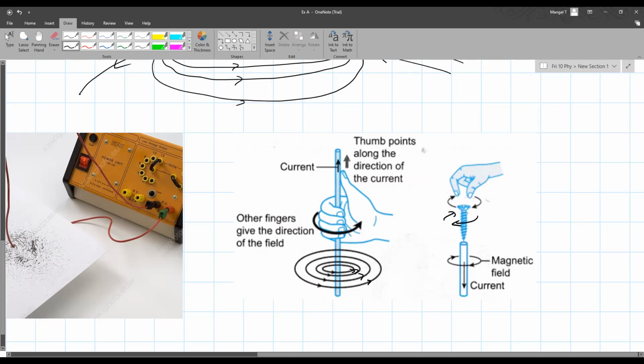You're turning it, rotating it, and as you rotate it this way, the way shown in the image, the screw will go down. If you turn it the opposite way, the screw will go up. So the direction in which you have to turn the screw such that the screw goes in the direction of the current, that direction of rotation is the direction of the magnetic field.